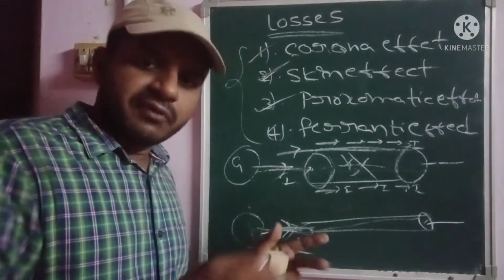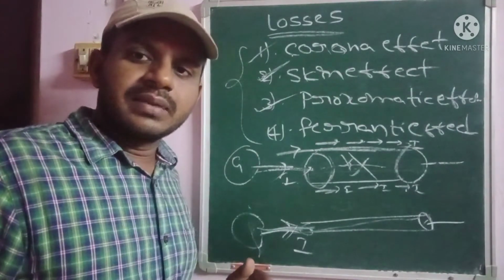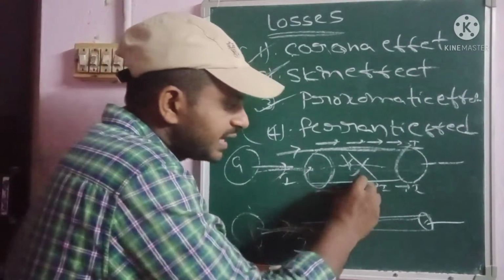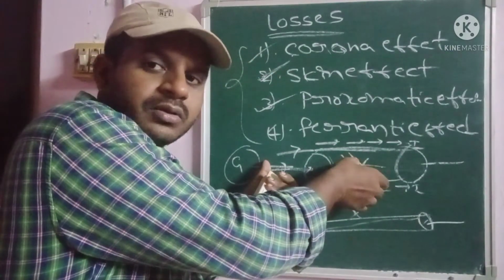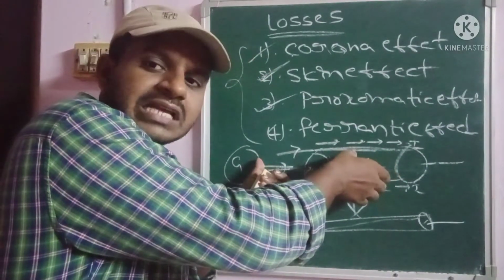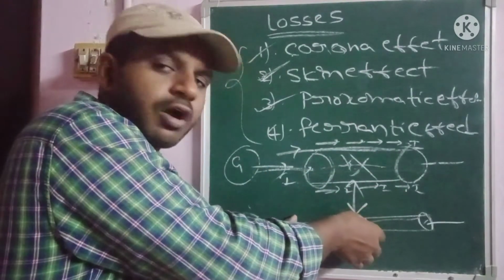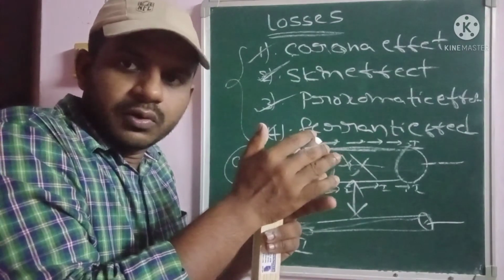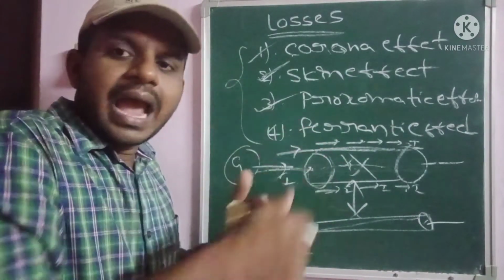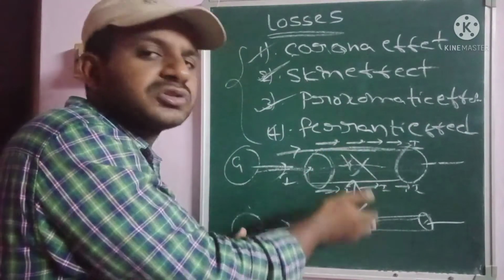If you go to a remote sensing area, and the distance between the main transmission line conductor and the communication lines conductor is very low, then some ionization takes place between those two conductors.